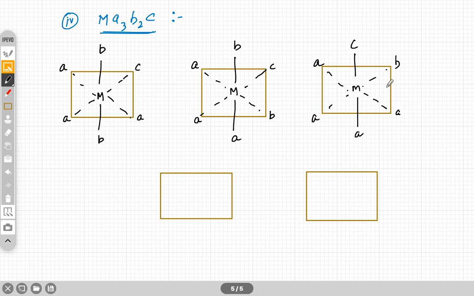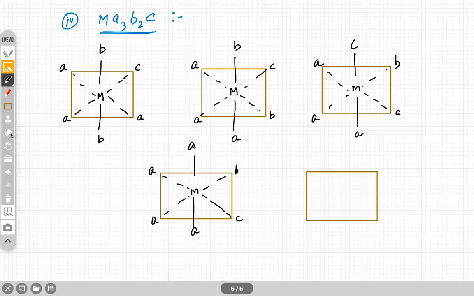Another one is this. Next we can draw A, B and C. Which are B we have.